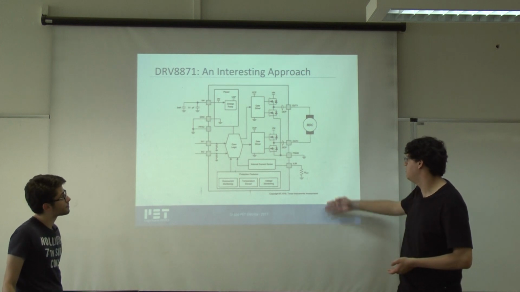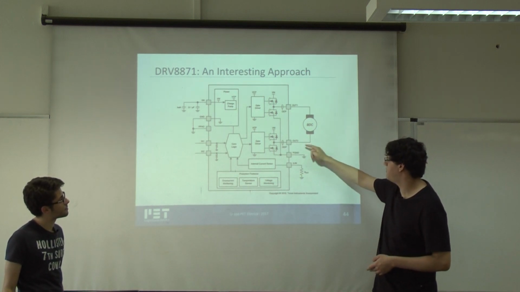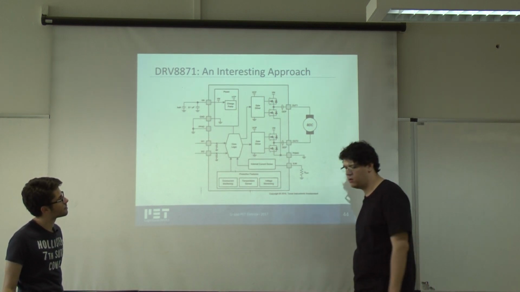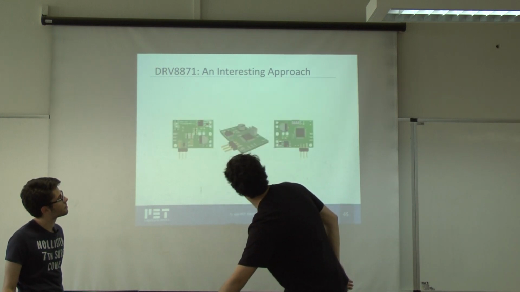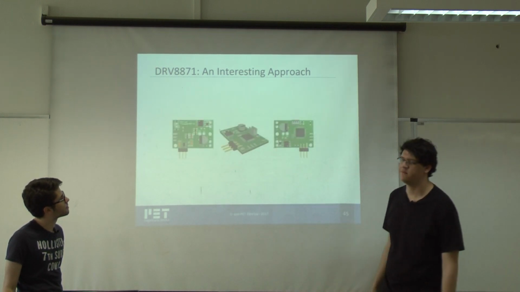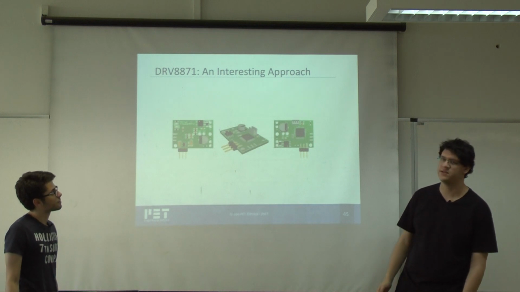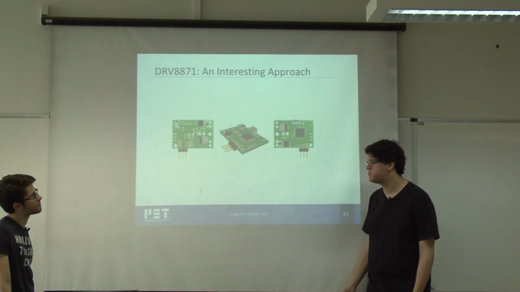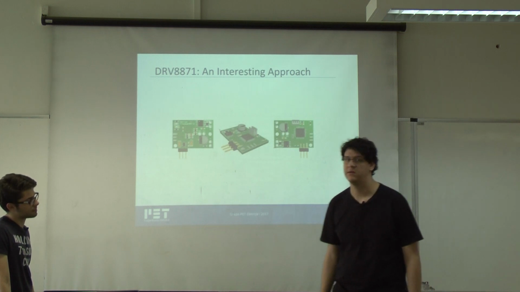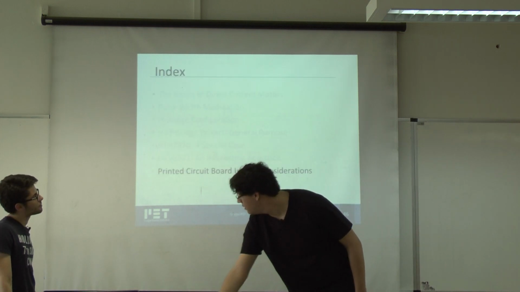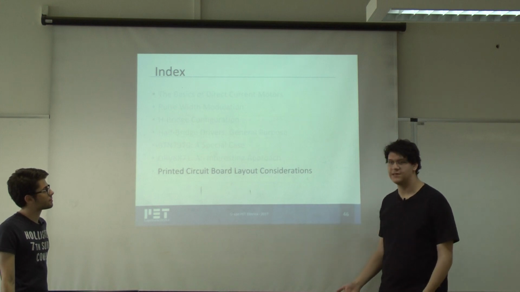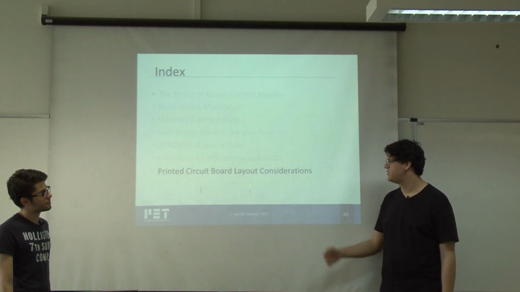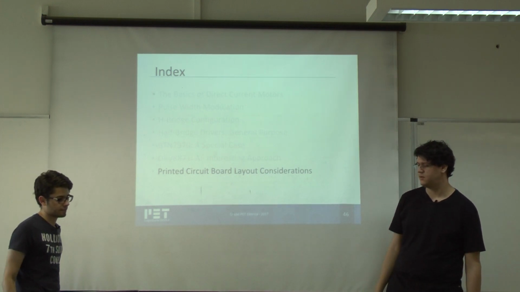The motor, it even has ground separation and a limitation of current inside the DRV8871. And this is the driver that the University of São Paulo made. As you can see, it's a double-phased one, and it's really small with a high current. It's really efficient. And now, lastly, we'll be talking about the printed circuit board layout considerations.